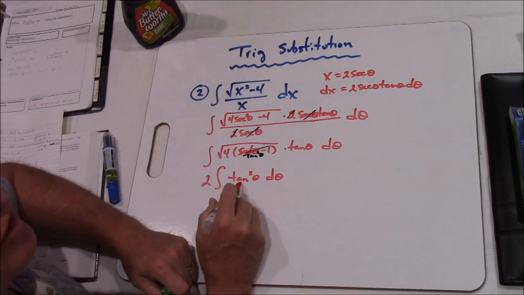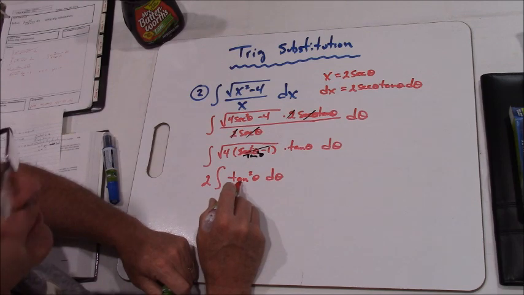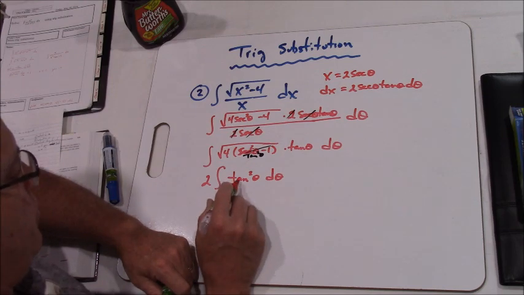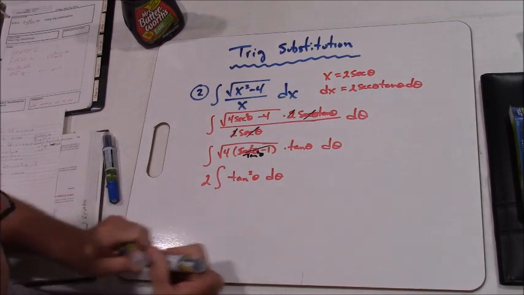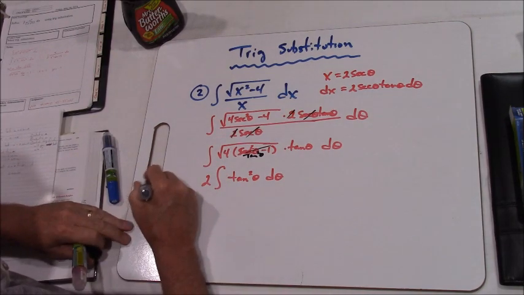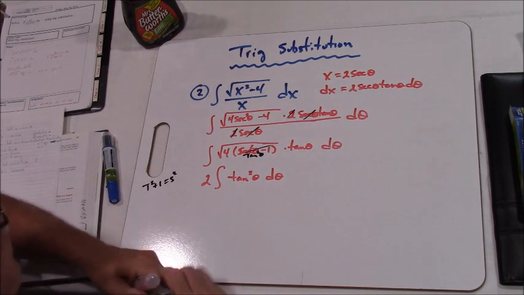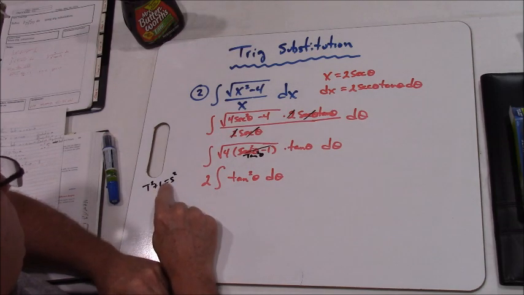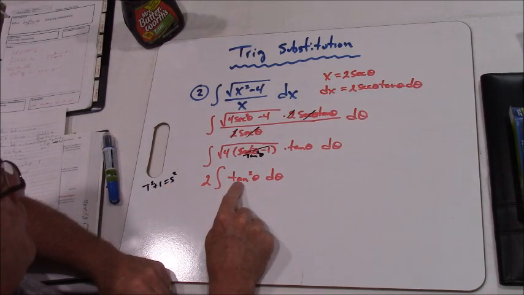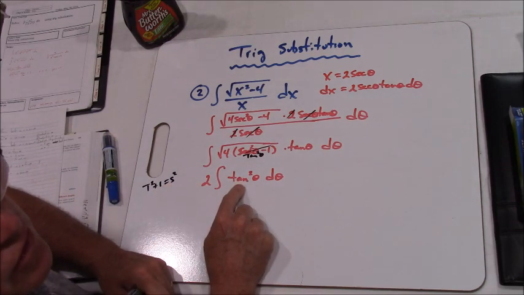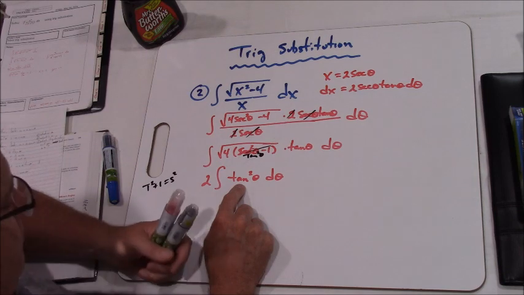And that is not one of my formulas that I know. But I do know from the Pythagorean identity, let me write it off to the side here, tangent squared plus 1 equals secant squared. So I'm just going to call this secant squared minus 1 because I know the integral of a secant squared.